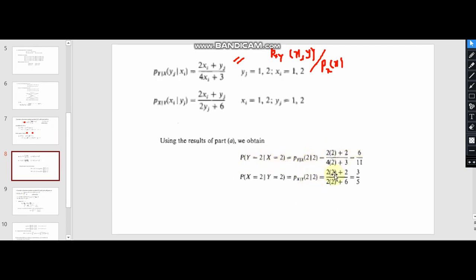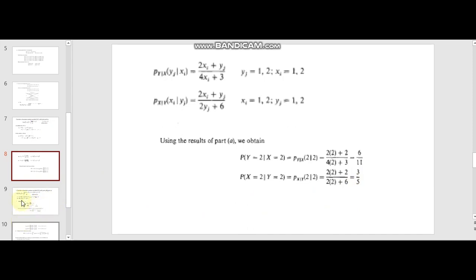By incorporating in this formula, I will get the probability of y equal to 2 given x equal to 2, which is 6 by 11. Similarly, the probability of x is equal to 2 given y is equal to 2, I will incorporate in this formula. I will get 3 by 5. So let's move to the next problem.